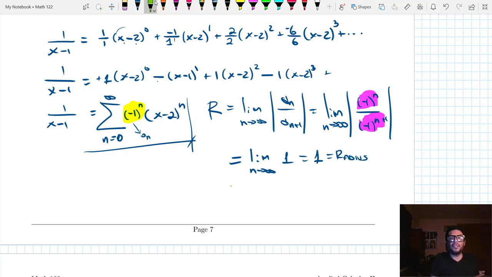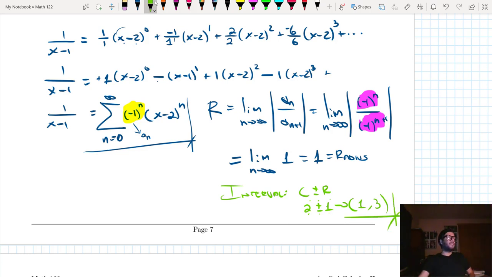So the interval will be the center plus minus the radius, in which case the center is 2 plus minus the radius, which is 1. In other words, it's going to be 2 minus 1, which is 1, and 2 plus 1, which is 3.